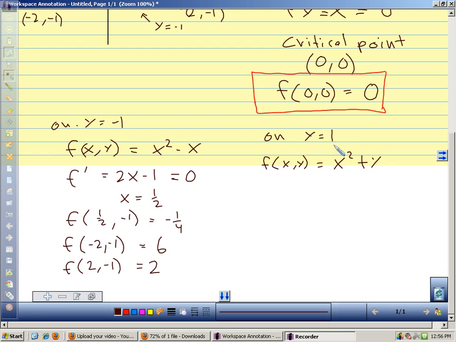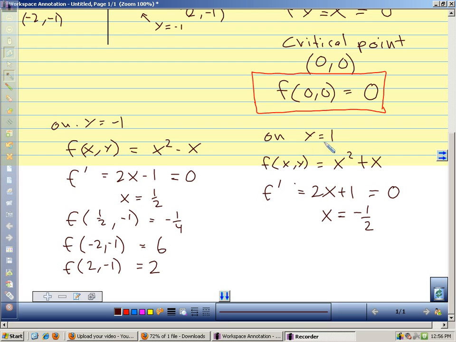Just substituting y equals 1 into the function. We want the extreme value, maximum or minimum value on this boundary. So we're looking at f prime equals 2x plus 1, and we're setting that equal to 0. That gives us x equals minus 1/2.